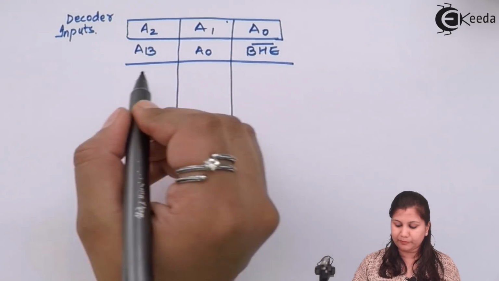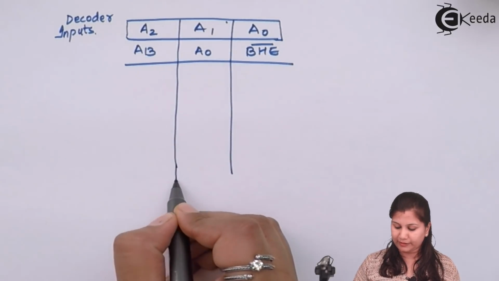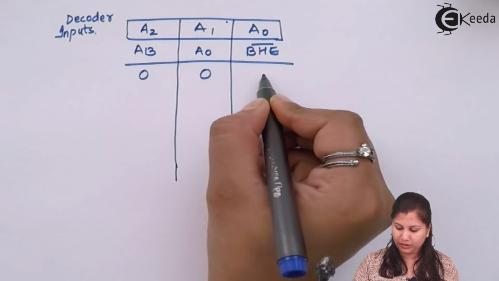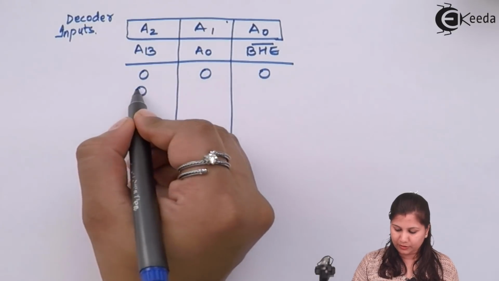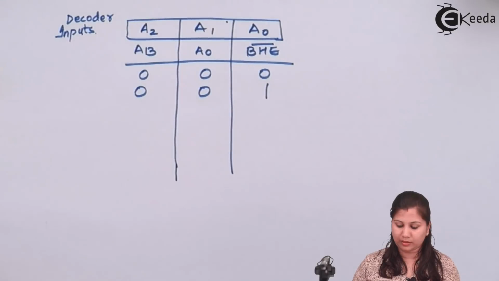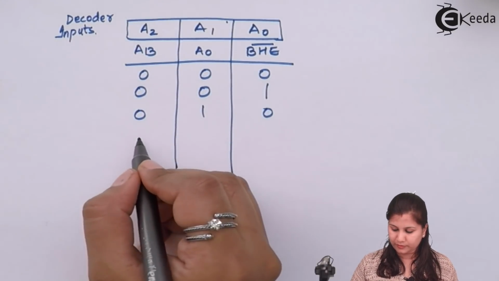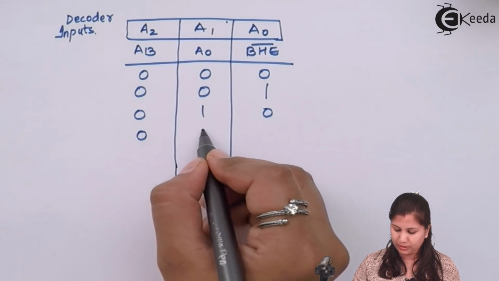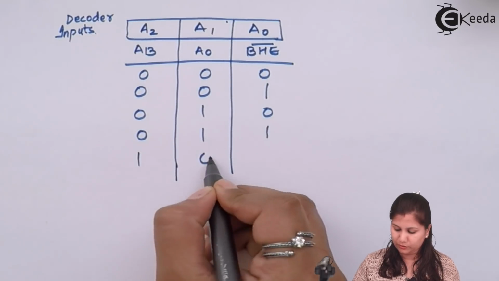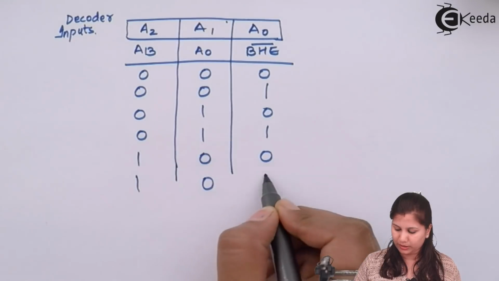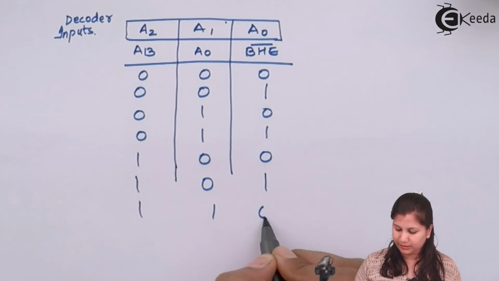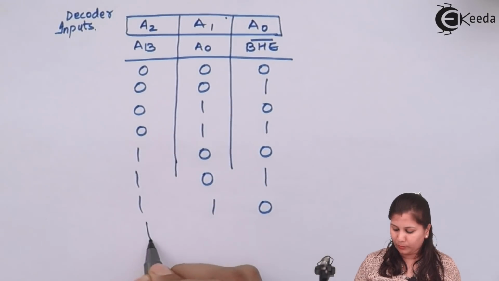Now these three inputs can take different values like 0, 0, 0; 0, 0, 1; 0, 1, 0; 0, 1, 1; 1, 0, 0; 1, 0, 1; 1, 1, 0 and 1, 1, 1.